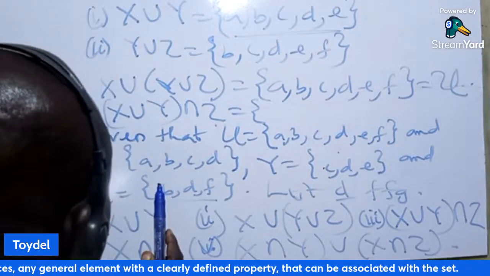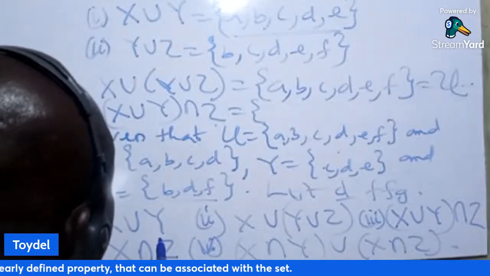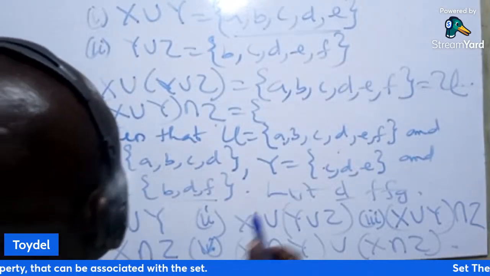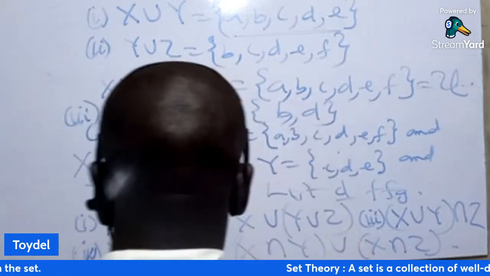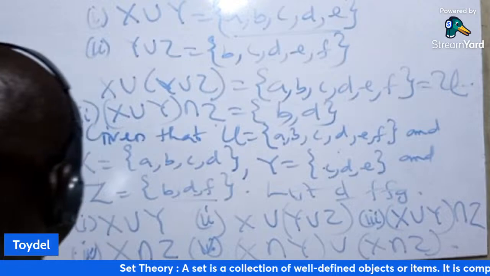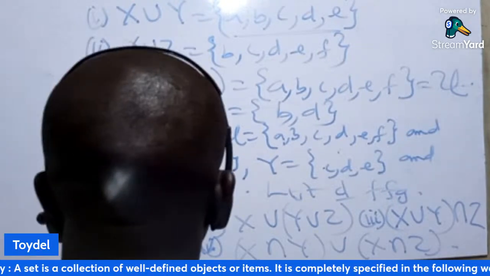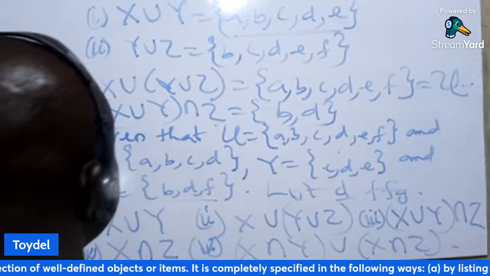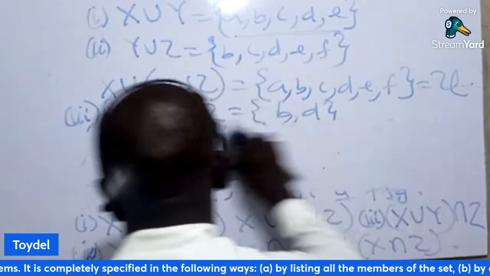Then let's compare X union Y, that first solution, with Z. What do they have in common? B is common and D is common. So they have B, D as the intersection. Then what is X intersection Z? X and Z, what do they have in common? It's only B, D. So X intersection Z is BD.